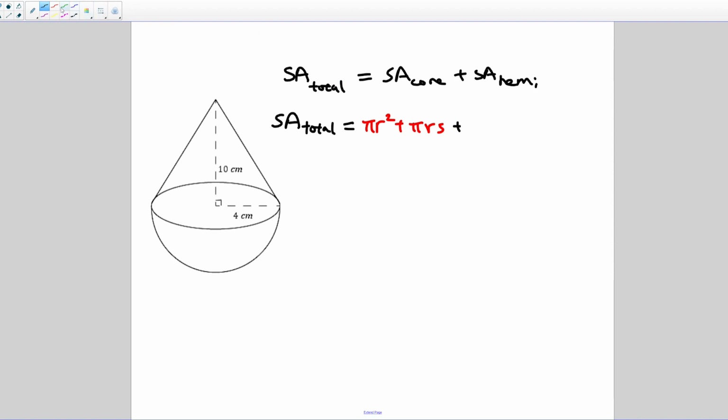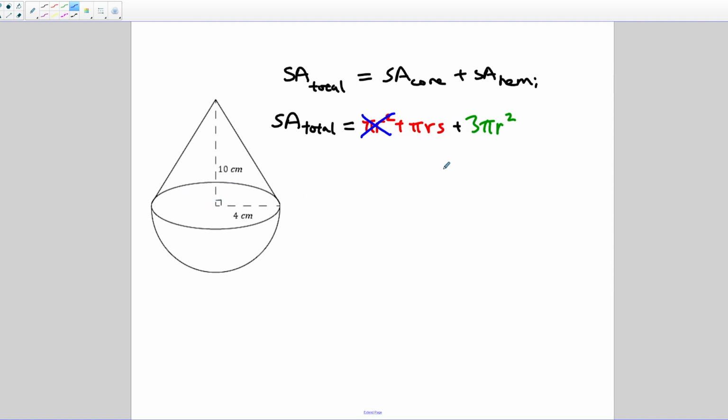And then we're going to add 3 pi r squared for our hemisphere. So once again, we need to ask ourselves, what are we actually getting rid of from our formula? Well, for the cone, we can see that we, again, don't see the bottom of the cone. So I'm going to get rid of the pi r squared here. And that represents that circle that I just shaded in. And then that pi rs we still see, so we're just going to leave that in there.